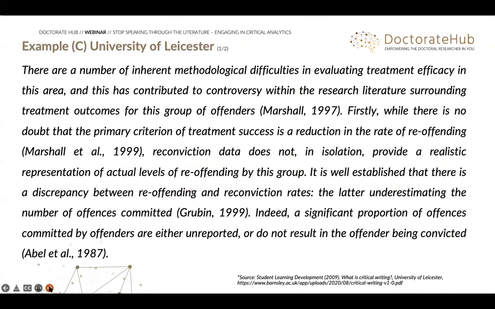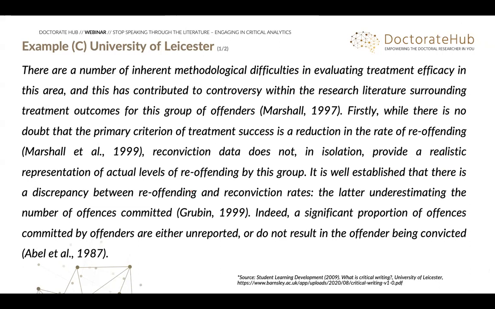Now, a final example from the University of Leicester. There are a number of inherent methodological difficulties in evaluating treatment efficacy in this area, and this has contributed to controversy within the research literature surrounding treatment outcomes for this group of offenders.